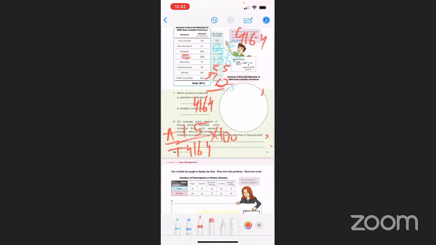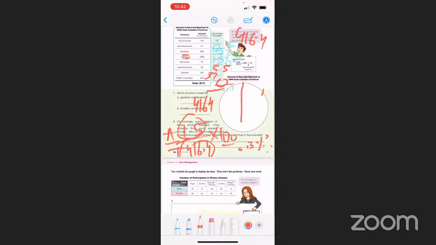Can you divide 15 by 416.4 and times it by 100 to find the percentage? 0.3. 0.3%, right? You times it by 100 as well? Yep. Okay, so that would be 0.3%.